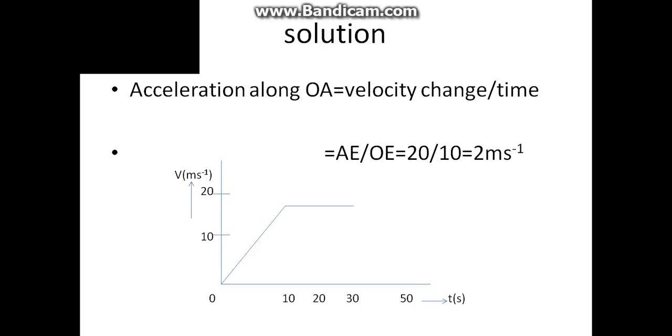We now have the body moving from point O to A, then at a change in velocity, then it has a constant velocity for some time from A to B before it decelerates from B to C at a change in velocity.